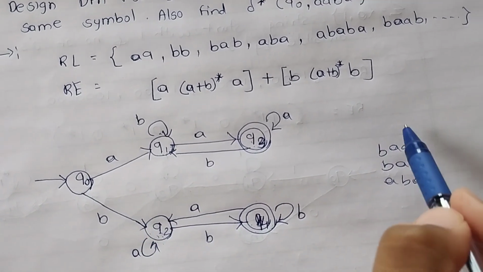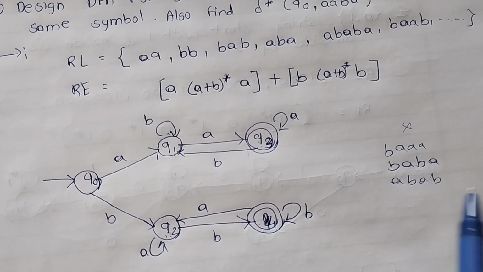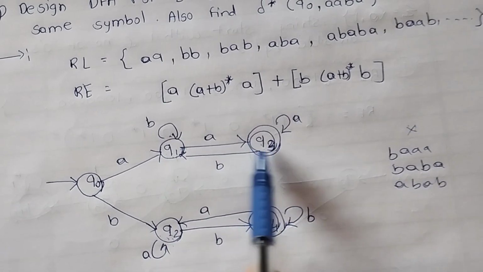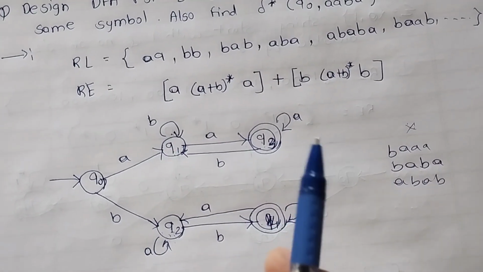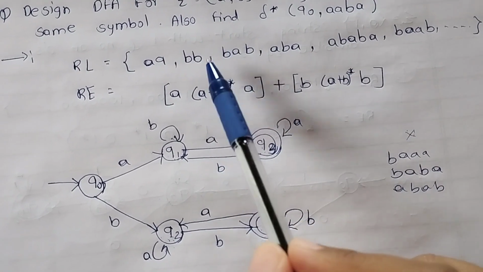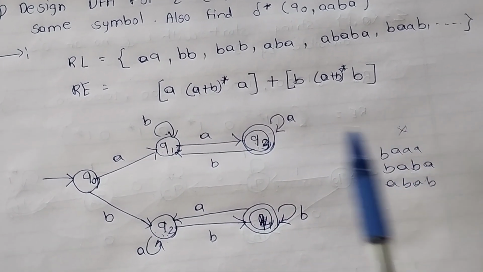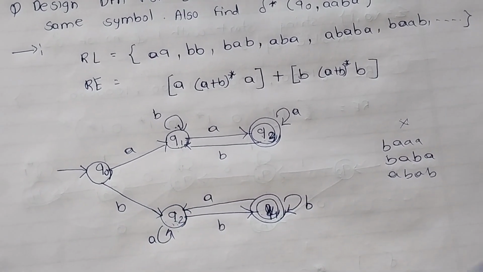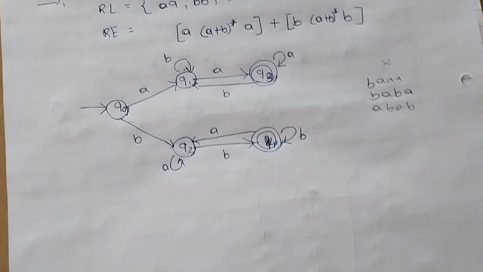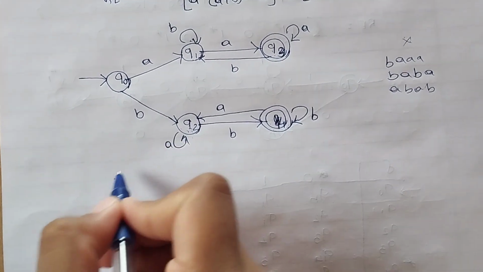So yes, these are the not accepted strings, and we prove it here also. a b a, then b a b, Q1, and Q1 is not an accepted state. So we prove all our accepted strings are accepted by the DFA, and non-accepted strings are not accepted by the DFA. So this is the DFA, and we draw the DFA table also.